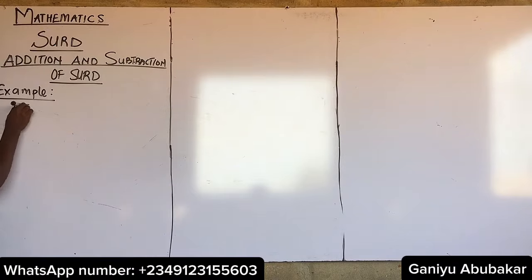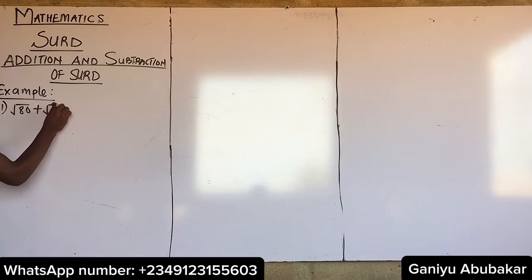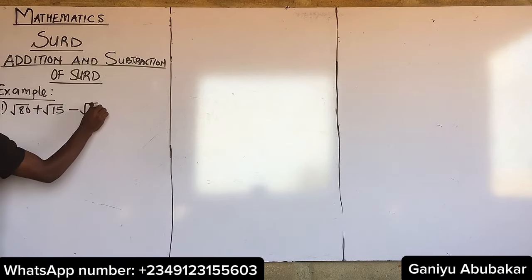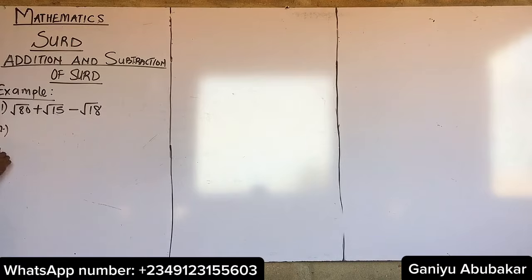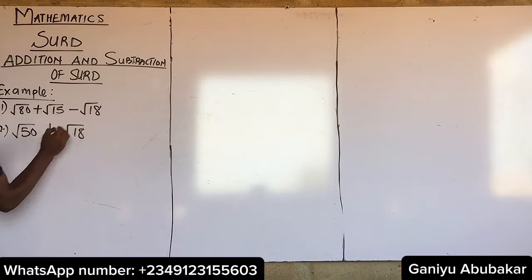Number 1, I have root 80 plus root 50 minus root 18. Number 2, I have root 50 plus root 18.